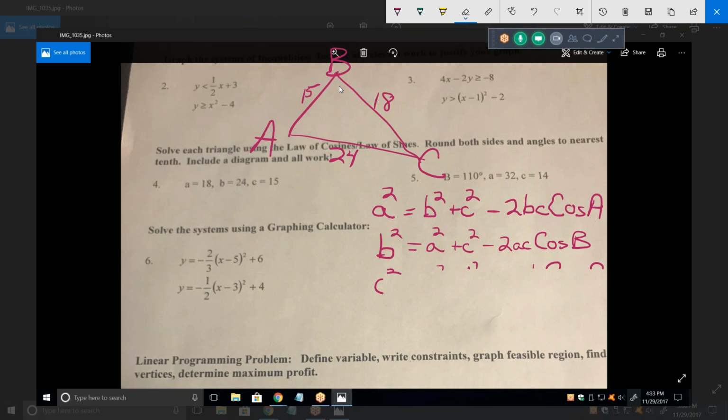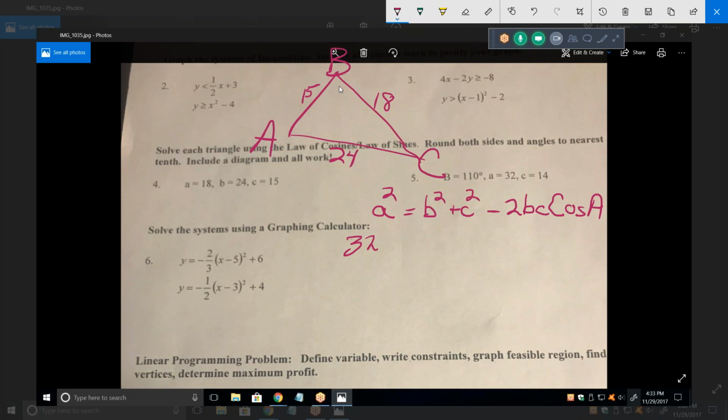Let's do it. Help me. First thing to do is just always plug in. Never try to solve this as you're going along. So a squared, so 18 squared would be 324. Get your calculator. All right.